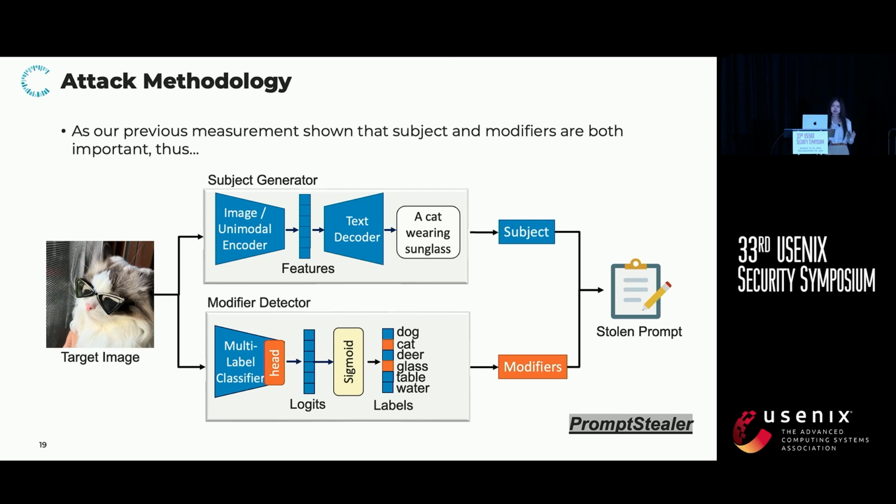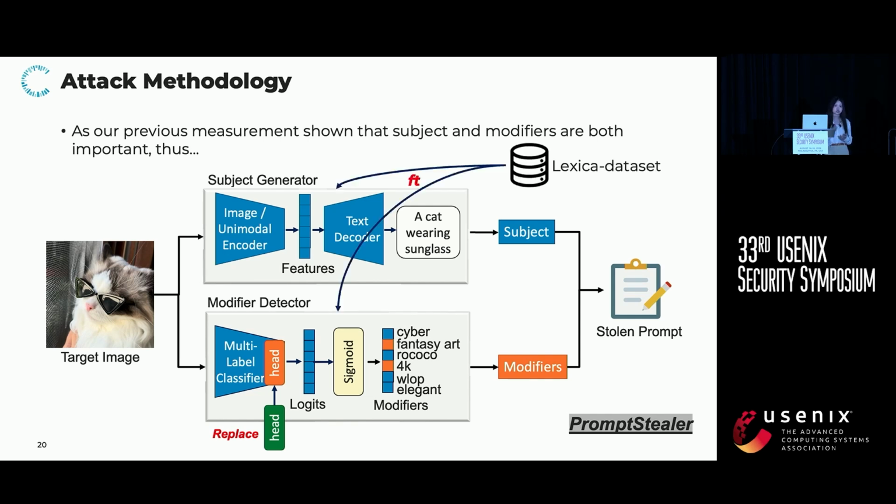But in previous traditional multi-label classifiers, the labels are objects like cat, dog, water, so they are not modifiers. So what we do is replace the head to change the prediction to modifiers, and then we use our collected dataset to fine-tune both the subject generator and the modifier detector. So this is the basic framework of PromptStealer.